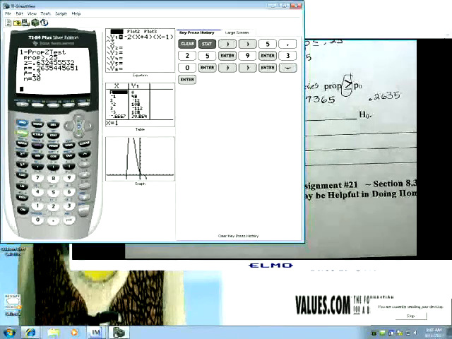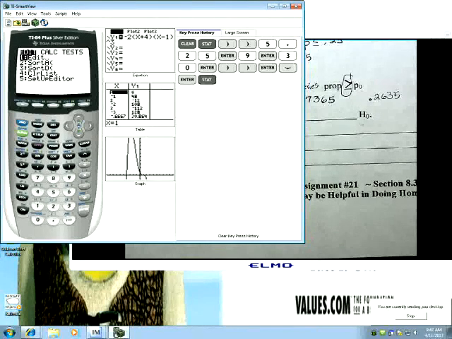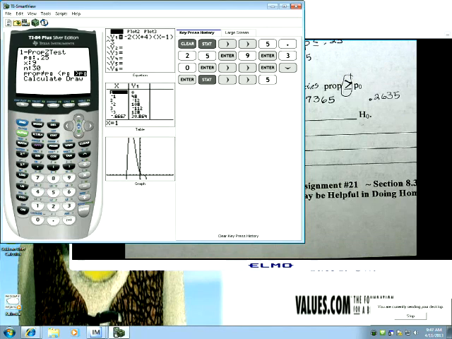Okay, let me go back to what it looked like before I hit enter. Stat test number 5. This is saying the population proportion is not equal to 0.25, or the population proportion is less than 0.25, or the population proportion is greater than 0.25.